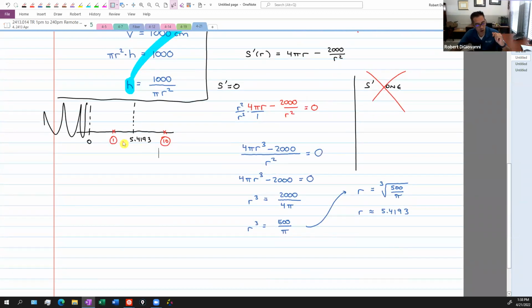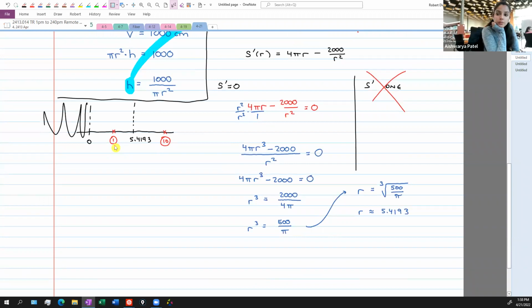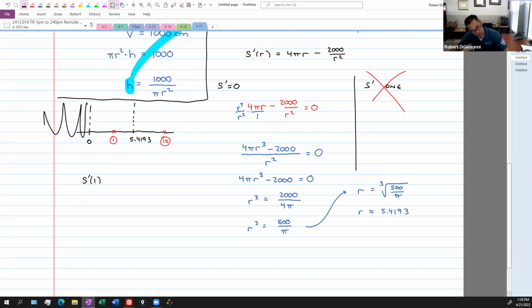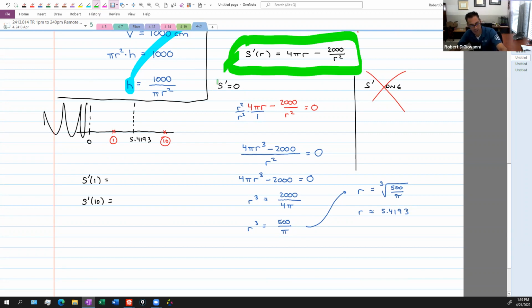So I'm going to take 1 and plug it into the derivative. I need to know what S prime of 1 is, and what S prime of 10 is. My derivative, I'm highlighting in green.